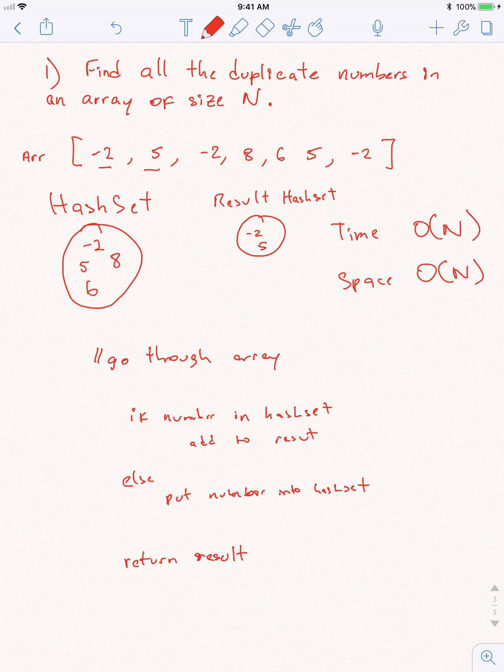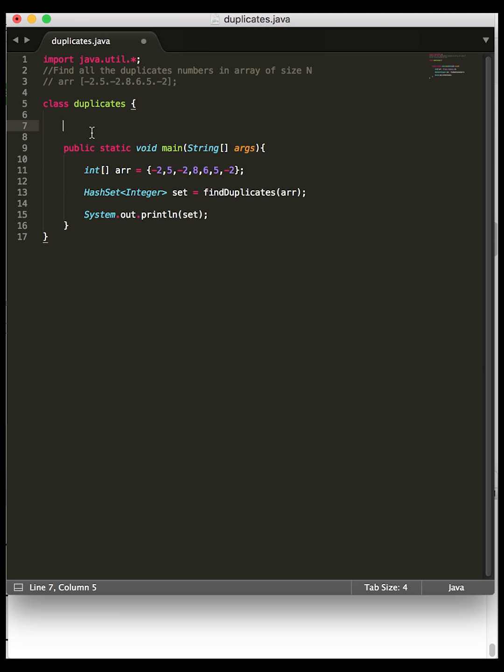Now let's take a look at how this will work in Java. So I have this class set up called duplicates in order to test our solution. We have the same array and just a simple printout to print out that result. So let's start with making our function.